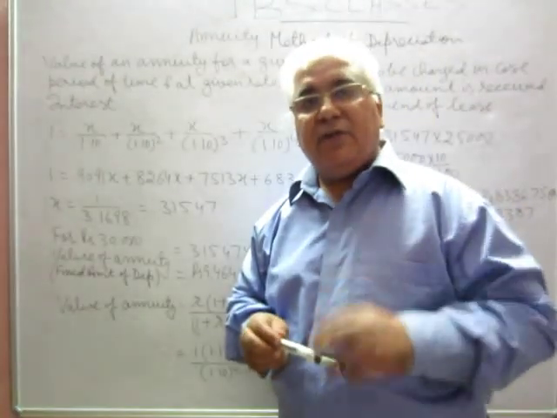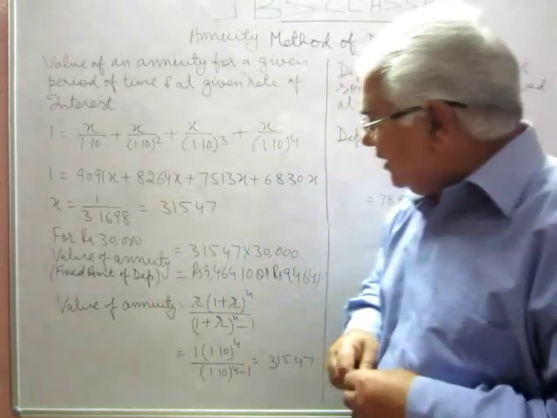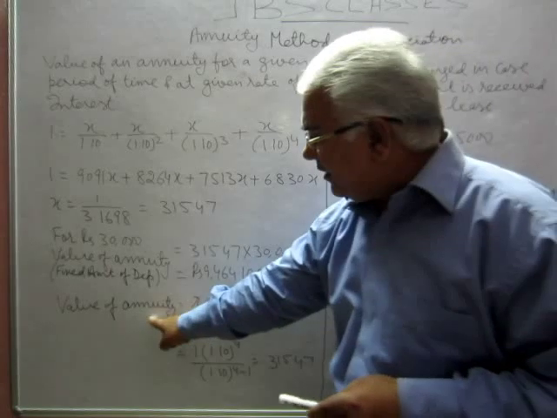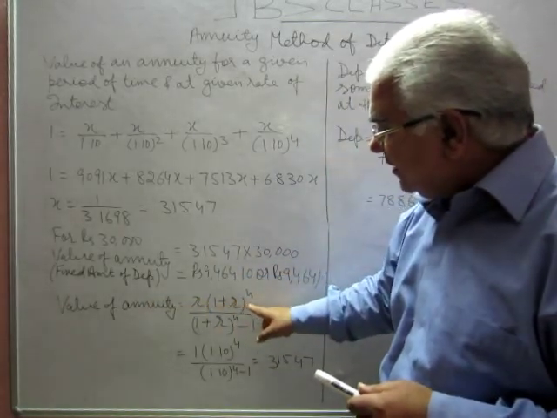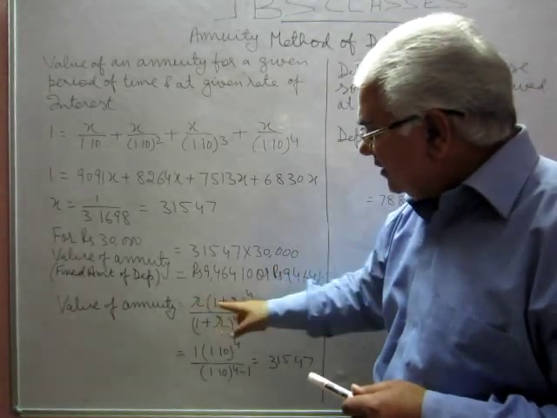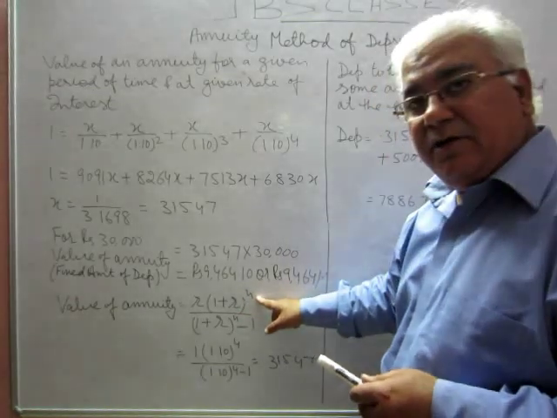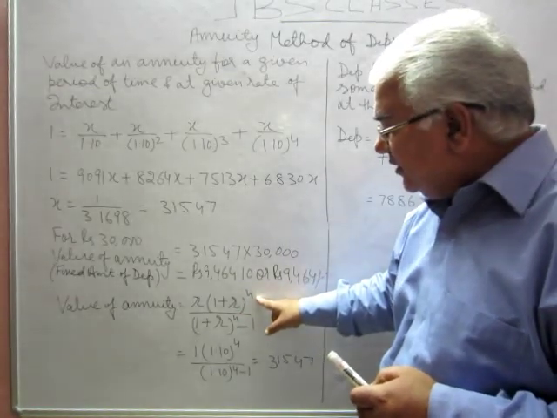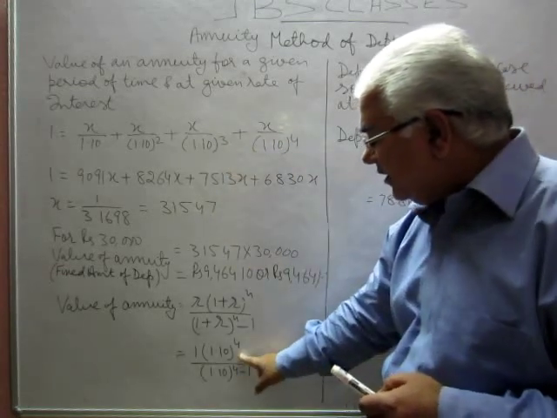And let me tell you, there is another formula for this also, which you can easily use. Formula is this: value of an annuity is equal to R multiplied by 1 plus R raised to power n. Here R is the rate of interest, n is number of years. Okay, so for the given data we have calculated here.